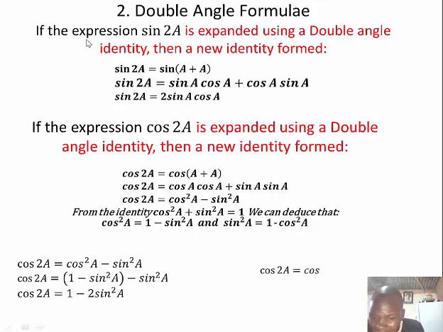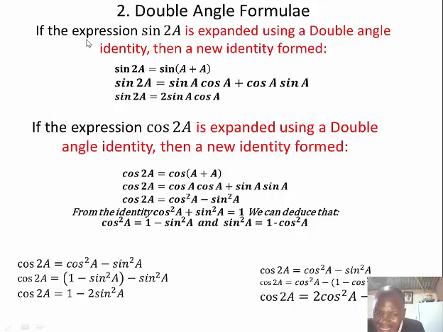alternative for identities, right? So which is cos 2a equals cos squared a minus sine squared a. Now here your cos 2a equals cos squared a minus (1 minus cos squared a), so that in brackets, right? That will give you cos 2a equals 2 cos squared a minus 1.